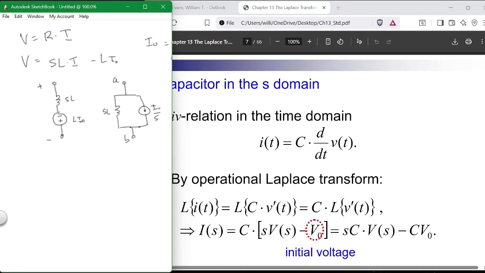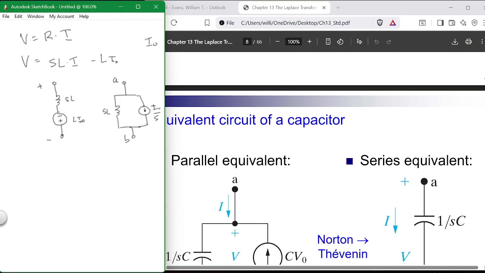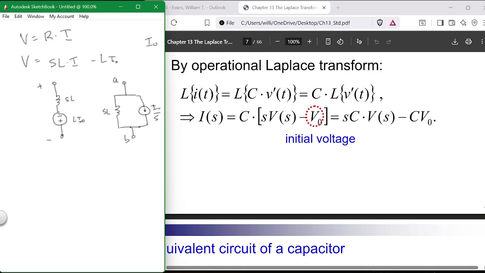What about capacitors? Here they are. For a capacitor, I is equal to this, but what about voltage? Here is the voltage.